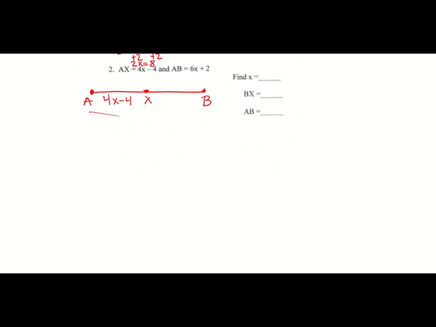And this time it's giving me AB, which is my whole line. My whole line here, AB, is 6X plus 2. Well, if I know that this piece right here and this piece right here are the same, if this is 4X minus 4, then this is also 4X minus 4.